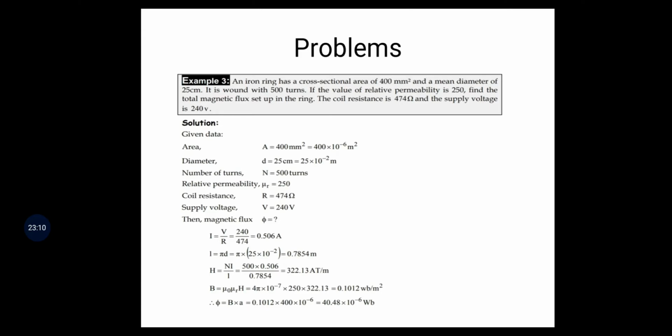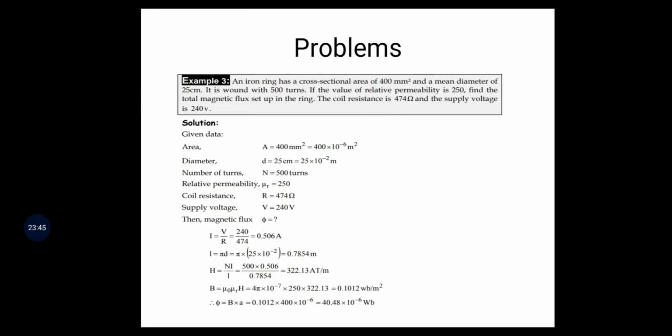Diameter D equal to 25 centimeter, that is 25 into 10 power minus 2 meters. Number of turns N equal to 500 turns. Relative permeability mu r equal to 250.